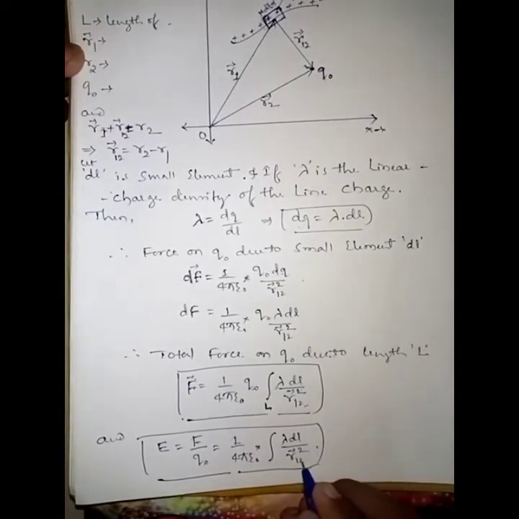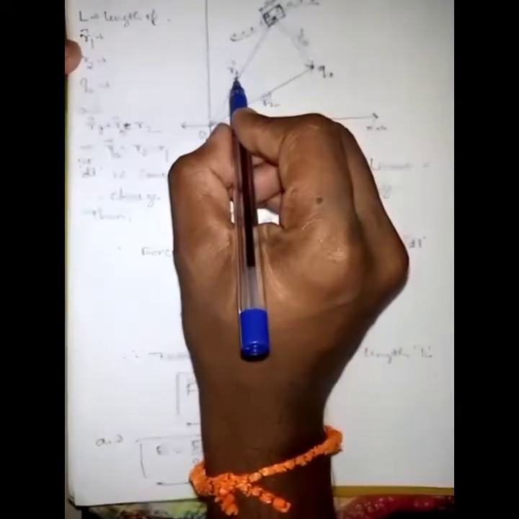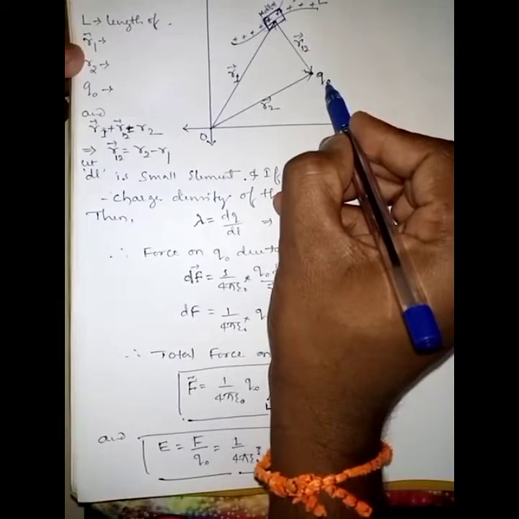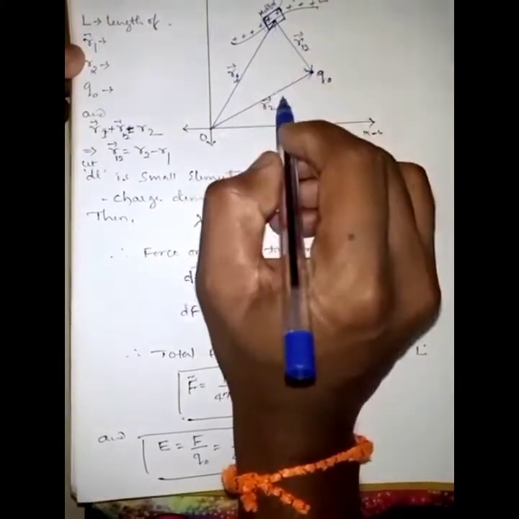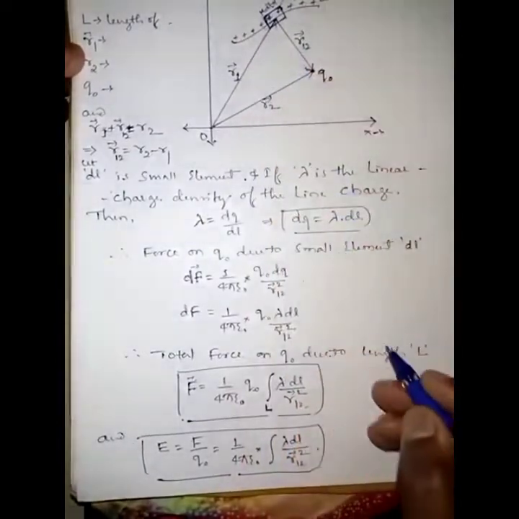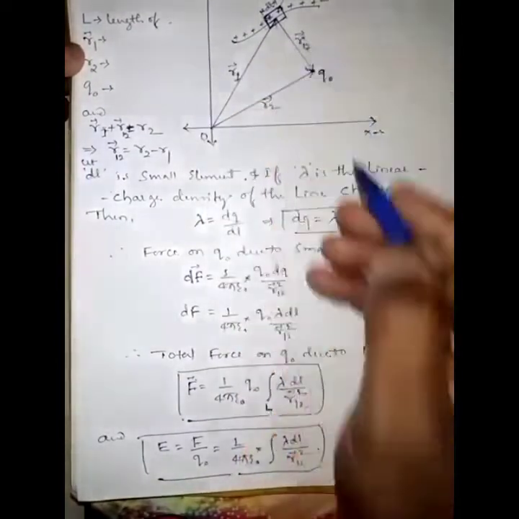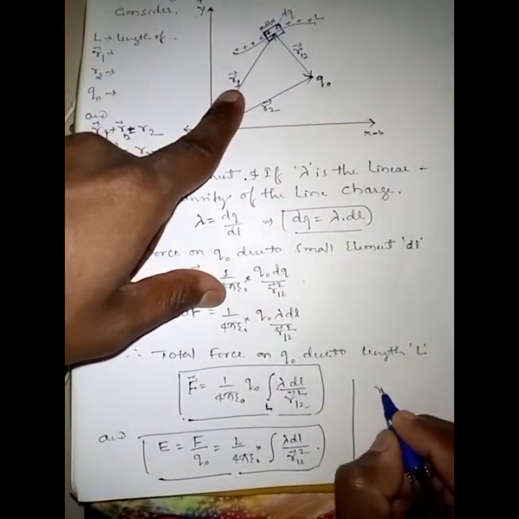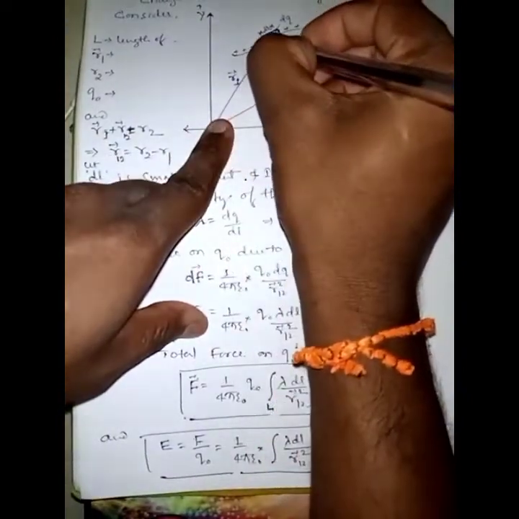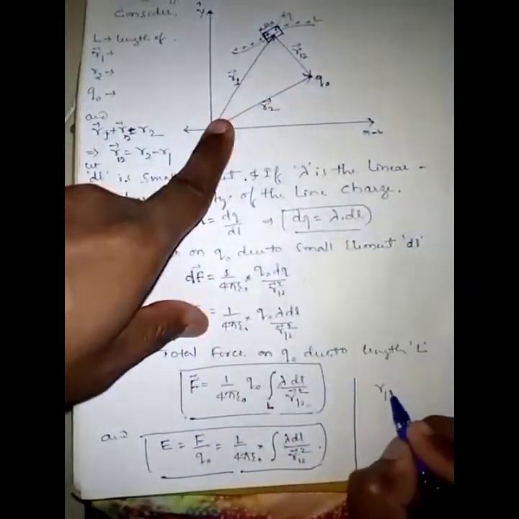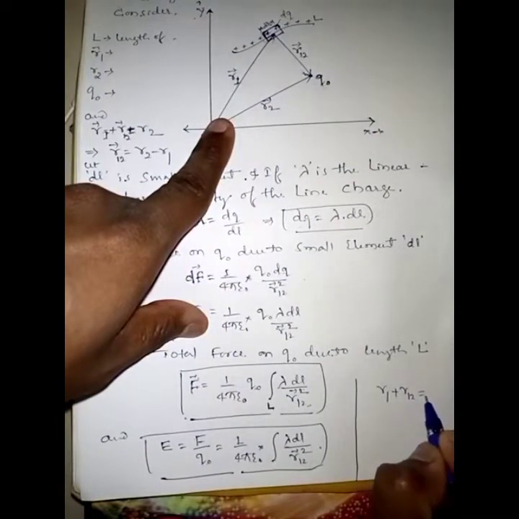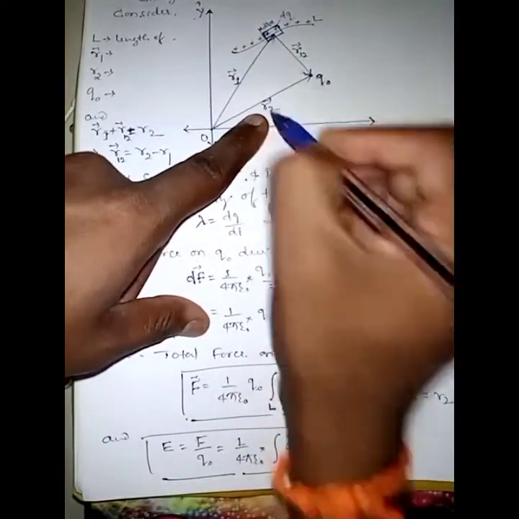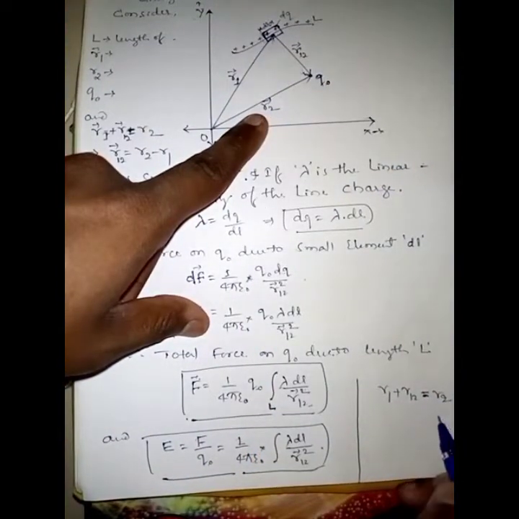Here r12 is the displacement vector. Now r1 is the position vector of the dq charge and r2 is the position vector of the q naught charge. Now r12 is the resultant of these two. According to the triangle of vector addition, r1 plus r12 is equal to r2.